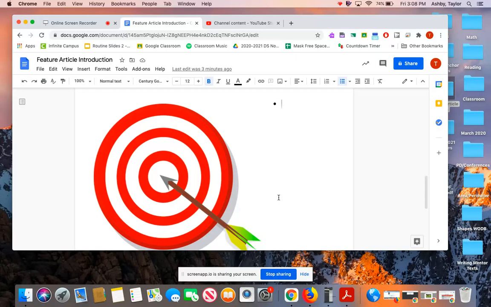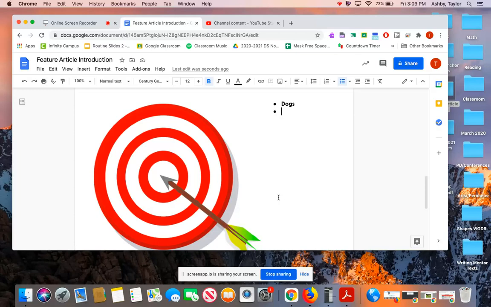So one thing that I like a lot and know quite a bit about is dogs. However, I also know that dogs is a very, very broad topic. There's a lot of information that I could be writing about dogs. That's too broad. I need to start to narrow it down. I need to work to get to my topic, to that bullseye, so that I can write an article and not a book.